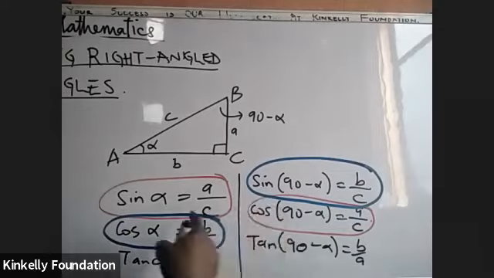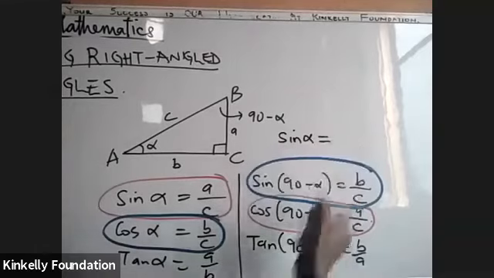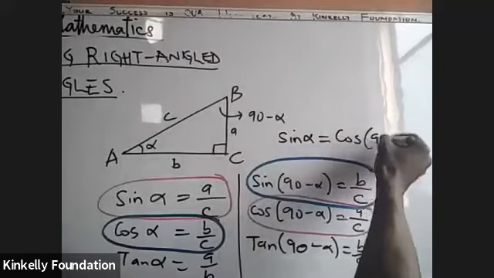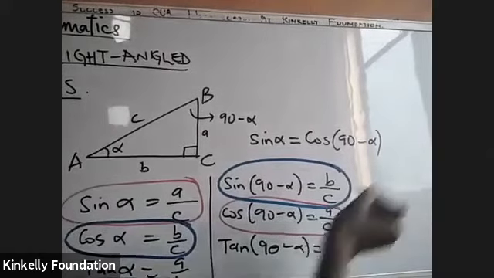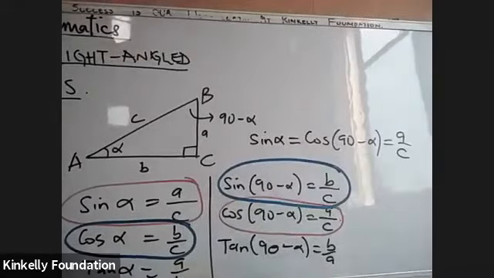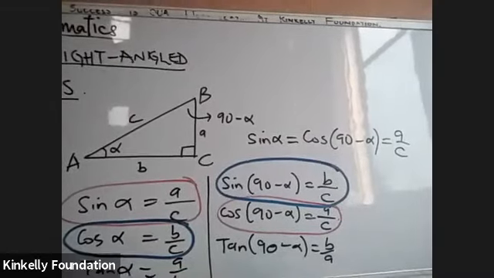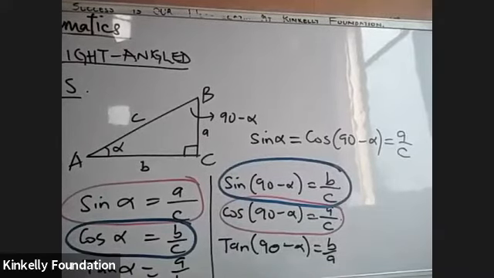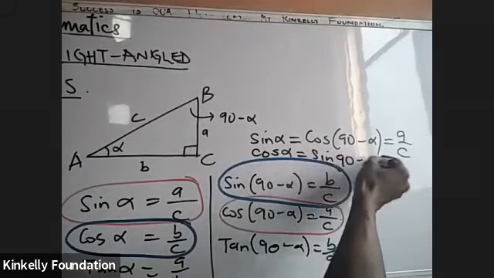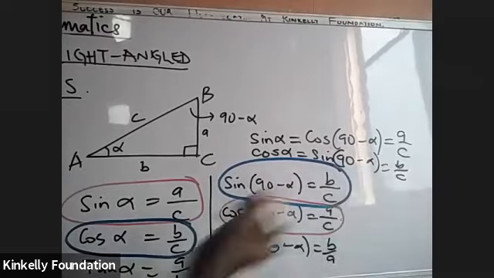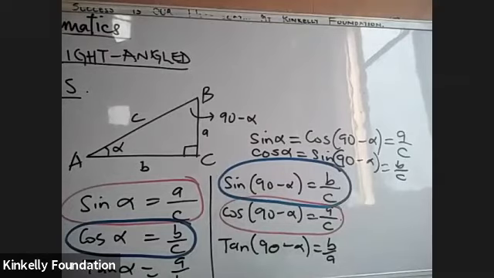We have that sine alpha is the same as cos 90 minus alpha, which gives us A over C. More so, if you check for others, cos alpha is the same as sine 90 minus alpha, which is B over C. It's only in tangent that you have the inverse.